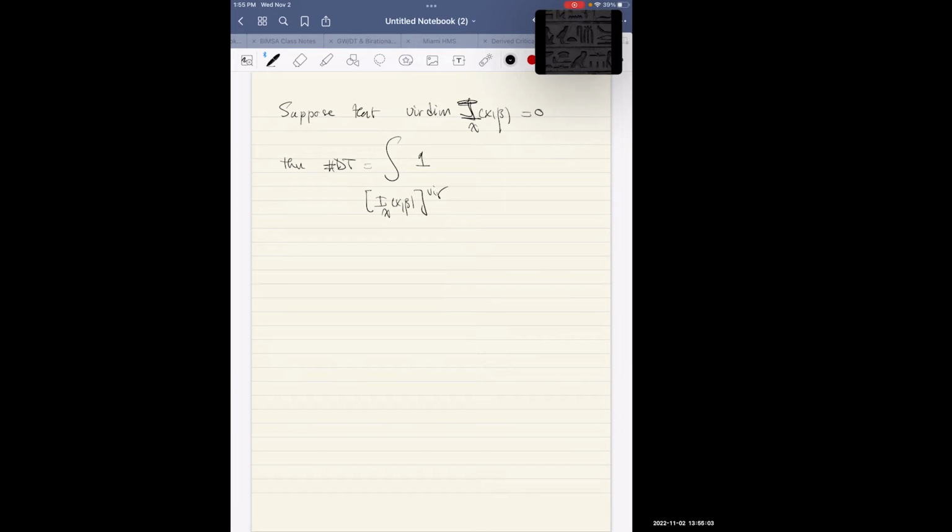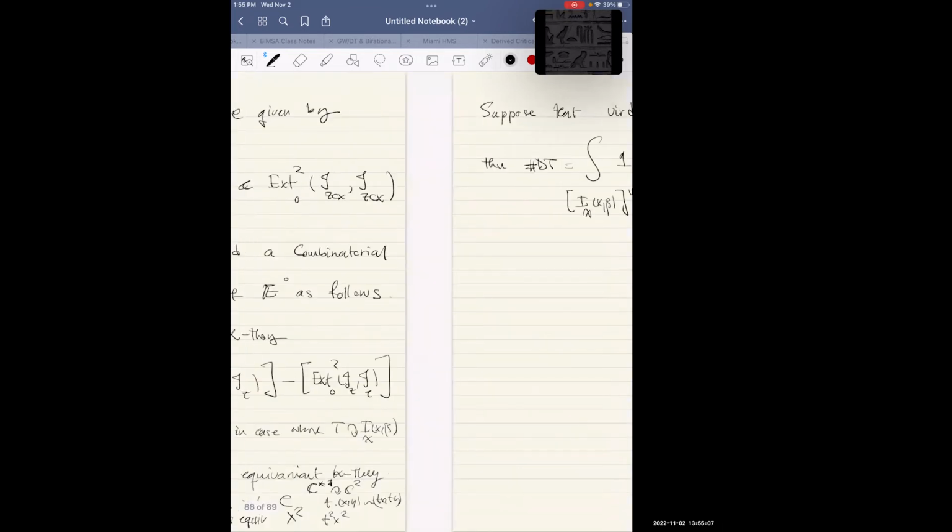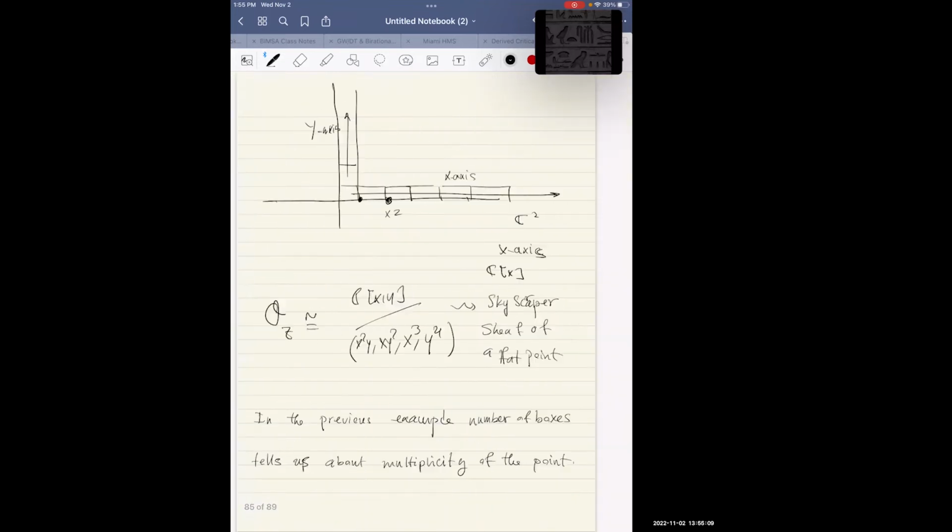But now I can actually use the localization formula that I had before.